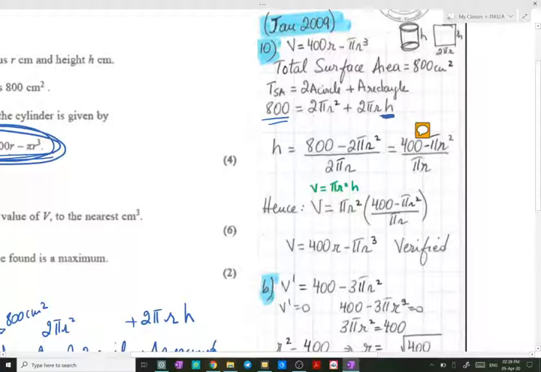So we reach 800 minus 2 pi r squared divided by the coefficient of h. Then we can divide up and down by 2. So the answer for h is 400 minus pi r squared over pi r.